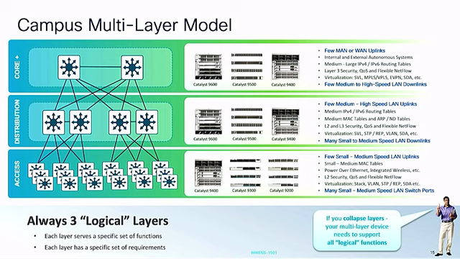So even if you have a collapsed core distribution, you're usually doing layer 2 from the access up there, and then your layer 3 demarcation point, and then layer 3 up. And you're getting all of these other features that you see here within the slide on the right-hand side in those even just 2 layers. But the key is you always have those 3 logical layers, regardless of how many actual physical layers you have.